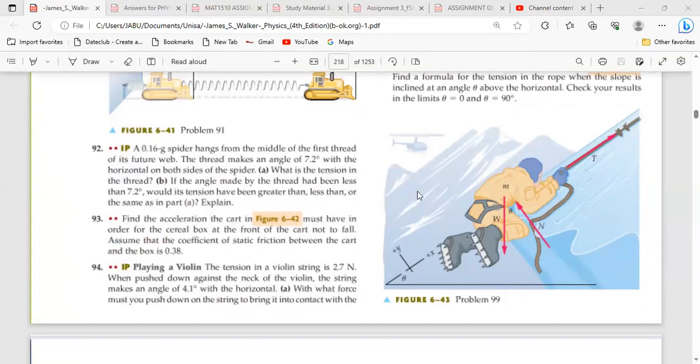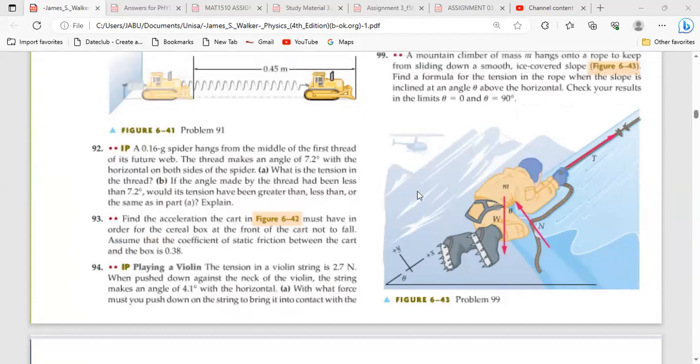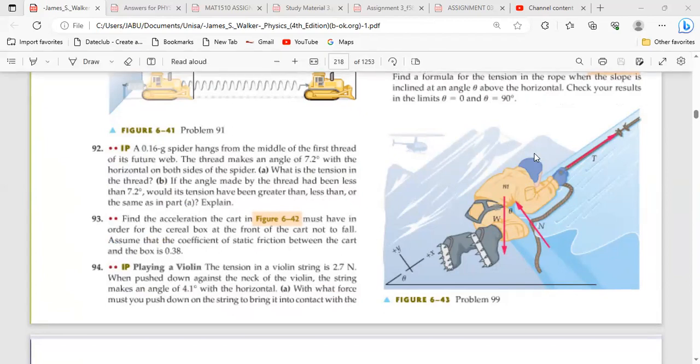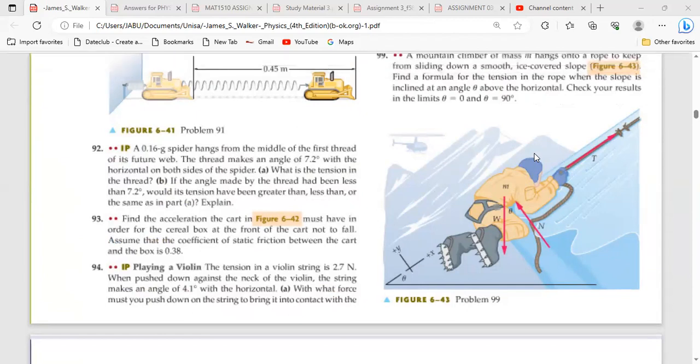It's this one right here. A mountain climber of mass M hangs on to a rope to keep from sliding down a smooth ice covered slope. He hangs on. Okay, that means he's not sliding down. So I'm sure you know that means there's equilibrium involved.